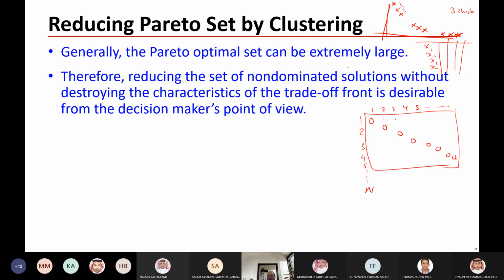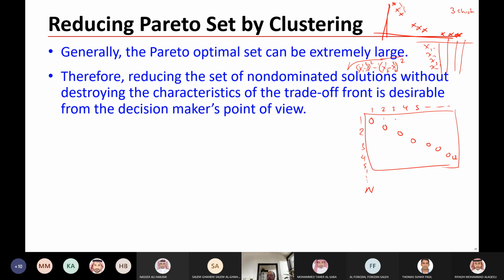Of course the distance is the square root of the parameter differences between solution 1 and solution 2.